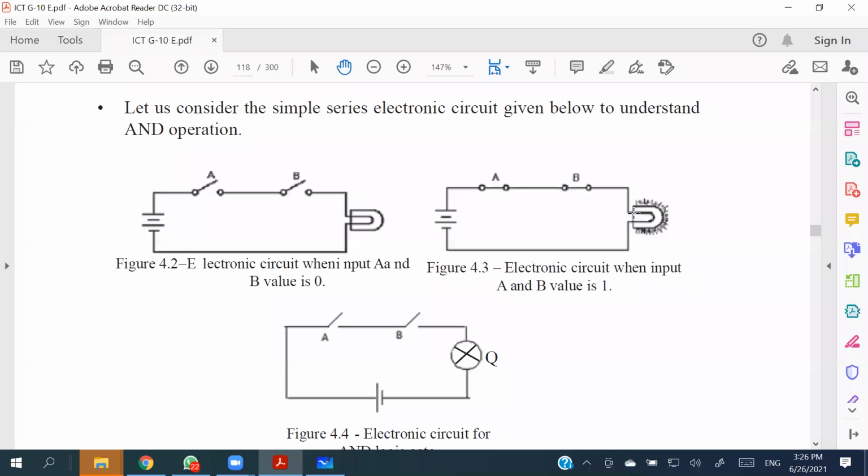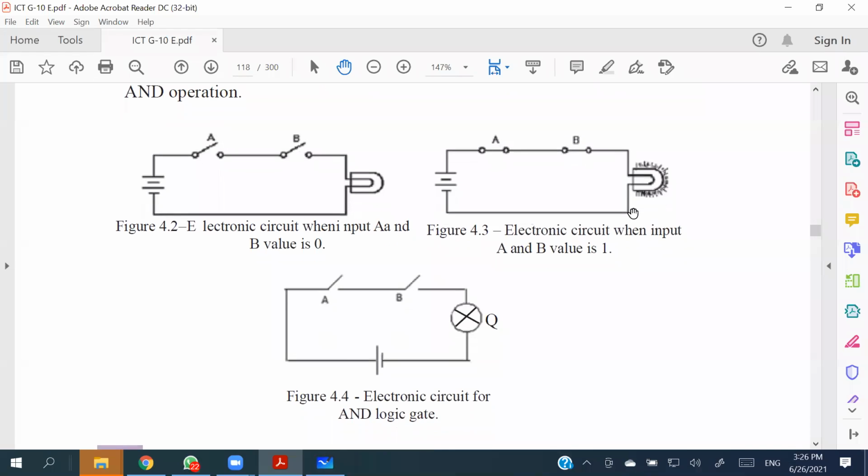Both A and B closed, then only the bulb will light up. So if we think about the open position as zeros and the closed position as ones, it will clearly map to an AND circuit, or the AND gate.